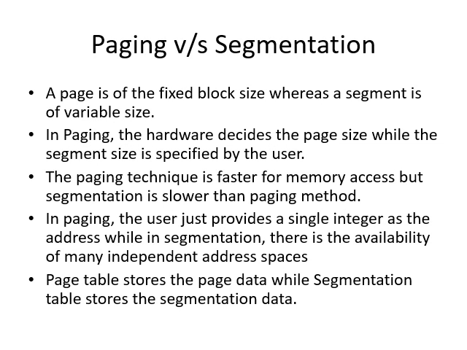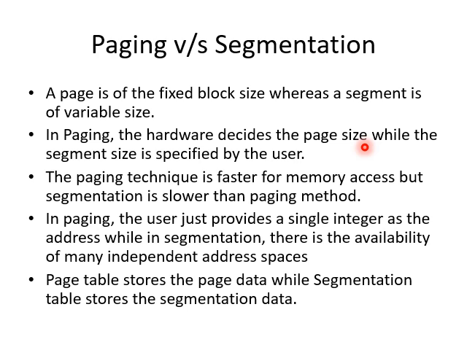So variable sized segments will be brought into main memory as and when required. These are some main differences between paging and segmentation. A page is of fixed block size, whereas a segment is of variable size. In paging, the hardware decides the page size, whereas the segment size is specified by the user. While writing the program, we decide what will be the size of the code segment, the size of the data segment, and things like that. The paging technique is faster, whereas segmentation is comparatively slower.